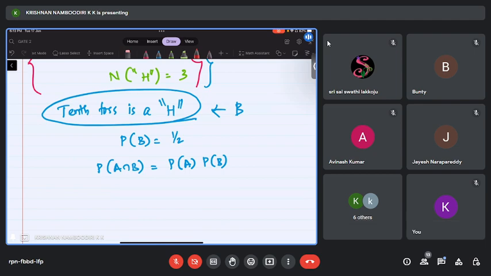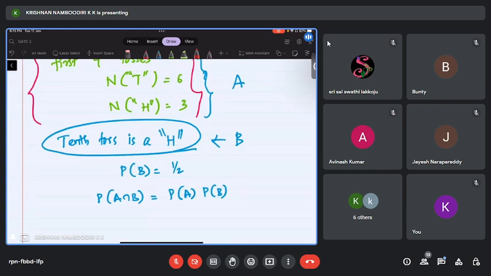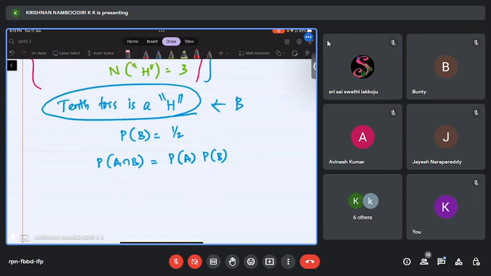It's pretty simple if you're considering 9 tosses. In that, you have to get 6 tails and 3 heads. So basically, you need to count how many ways this can happen, right? So I will write an example: T, T, T, T, T, T. The first 6 tosses are tails, and the next 3 are heads. This is one possibility.